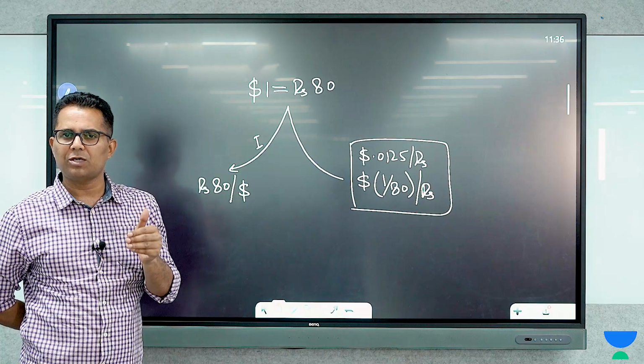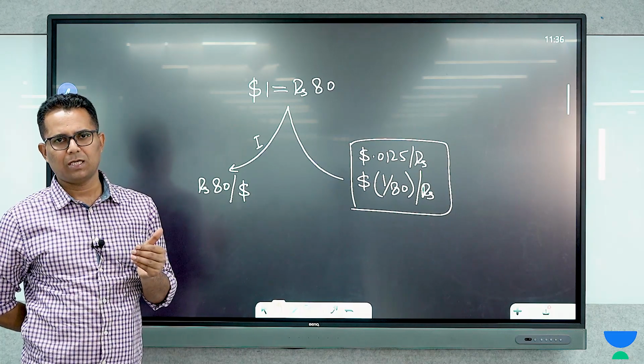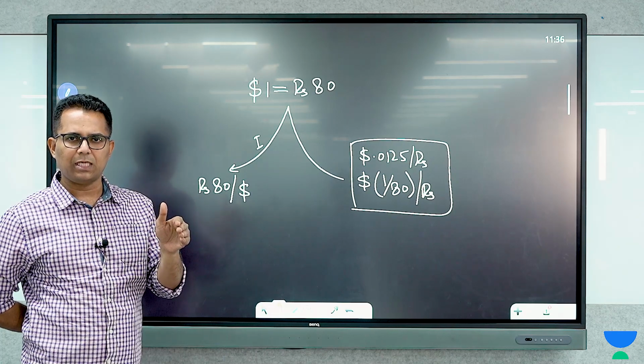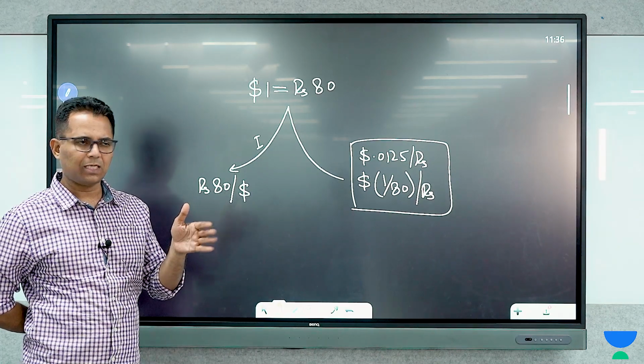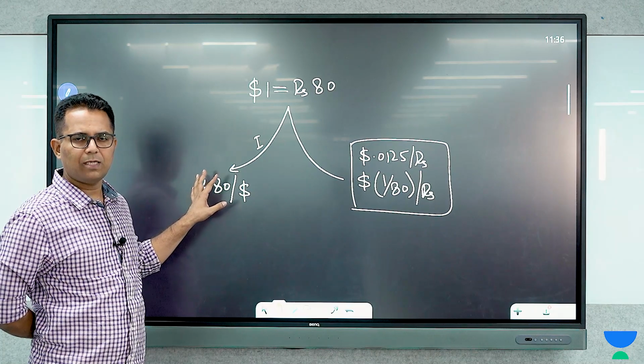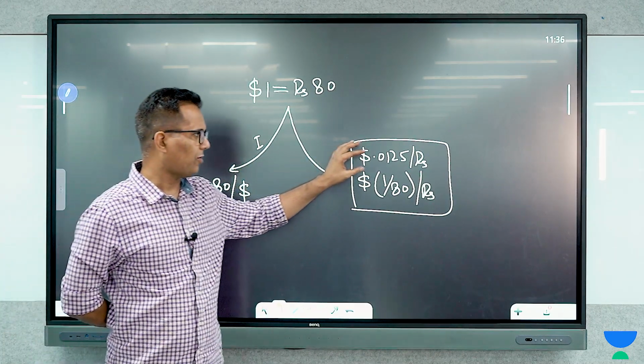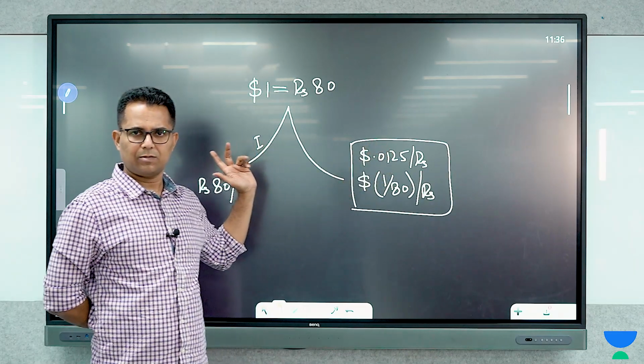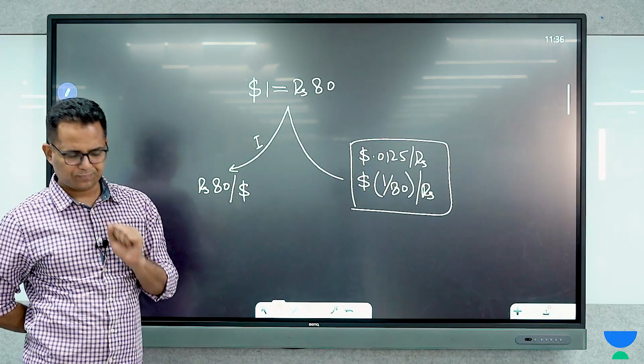But when we are using the word increase or decrease, then you will have to take a particular standard, because increase of nominal exchange rate here will mean depreciation and increase of nominal exchange rate here will mean appreciation. So which format you have taken is important.